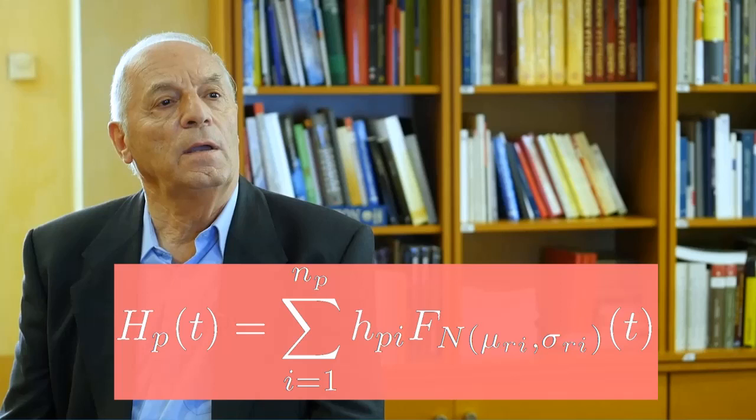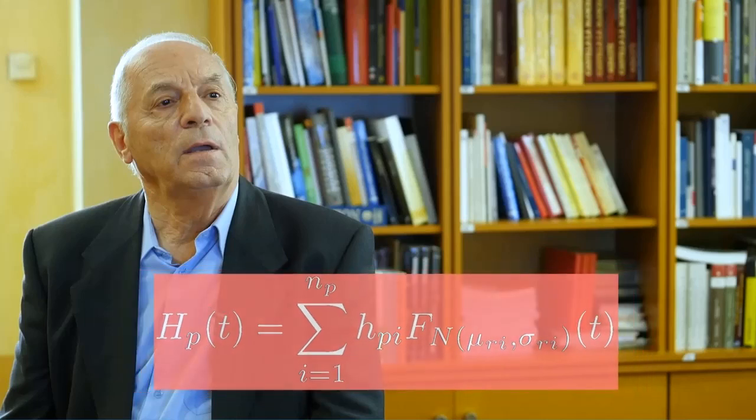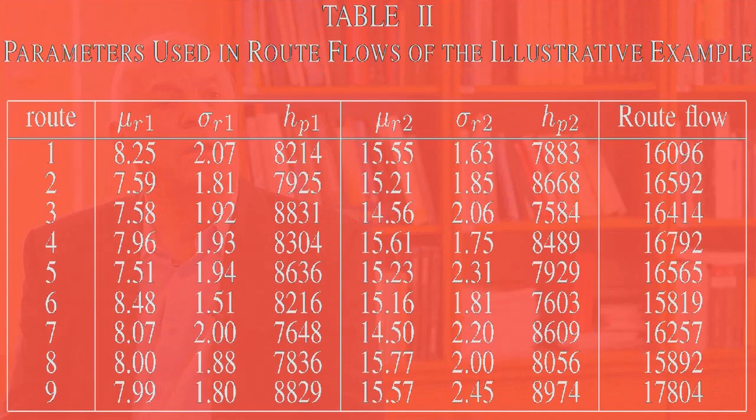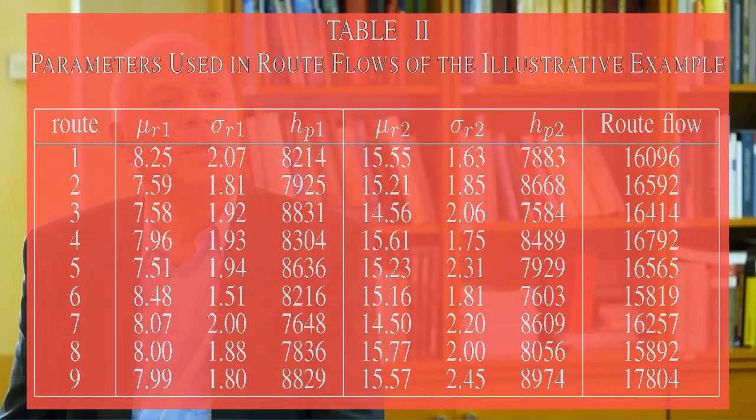We can better use cumulative traffic flows by means of the hp of t using capital H, that is the cumulative distribution functions, as shown in the formula. The following table gives the normal basic functions used for defining our 9 instantaneous path flow functions, defined by their means and standard deviations, and the corresponding weights or coefficients, hp1 and hp2, where, to simplify, we have used only 2 terms.